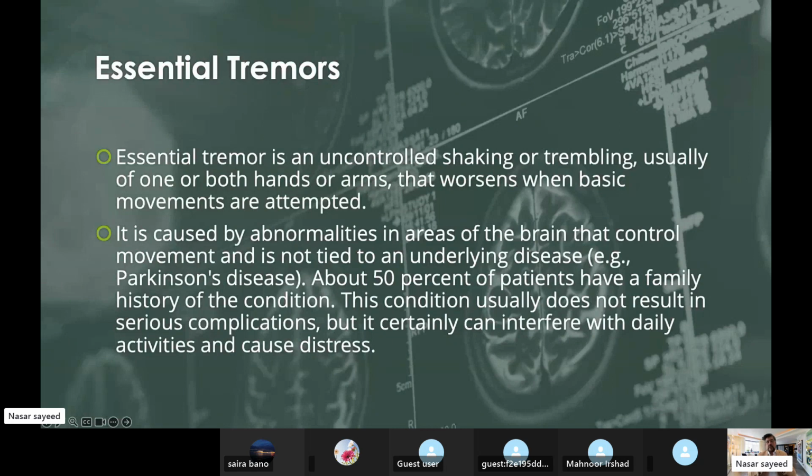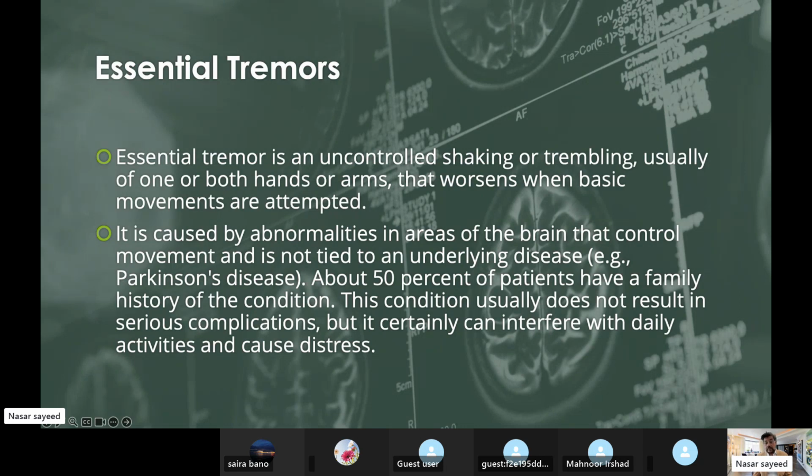Then comes the essential tremors. Essential tremor is an uncontrollable shaking or trembling, usually of one or both hands or arms, that worsens when basic movements are attempted. Now again, if they are sitting in the resting position and they are trembling like this, it could be tremors, but mostly at rest they sometimes disappear.